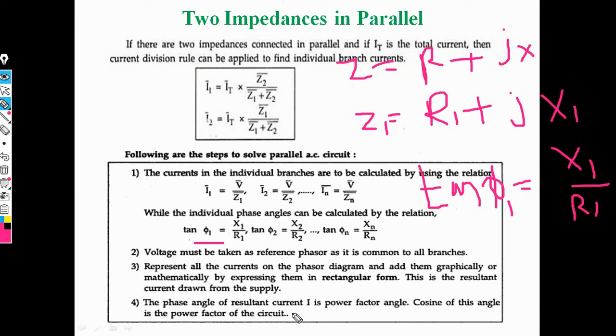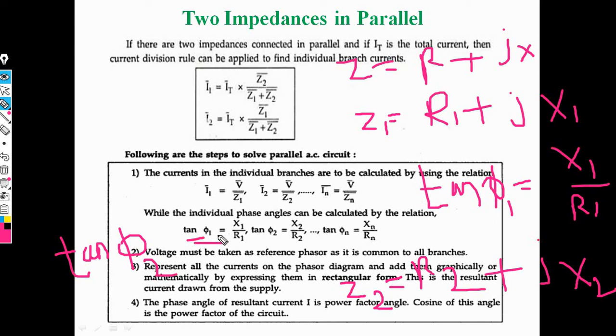Then Z2 is equal to R2 plus jX2, then tan phi 2 is equal to X2 upon R2.